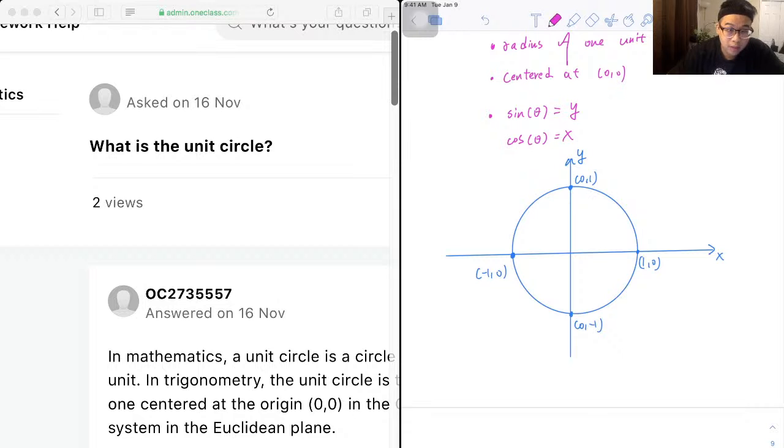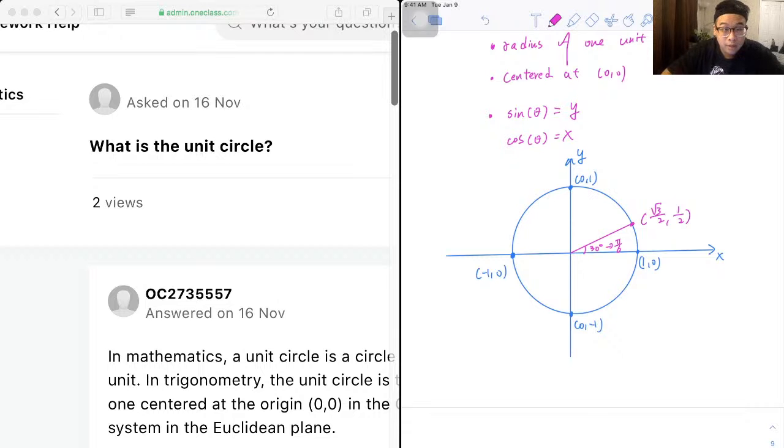Okay, so let's say we got 30 degrees, which looks something like this. So that's 30 degrees, and we know that 30 degrees can also be represented by pi over 6, where pi is just 180 degrees. Pi over 6. And at this point, the coordinate is root 3 over 2, 1 over 2.